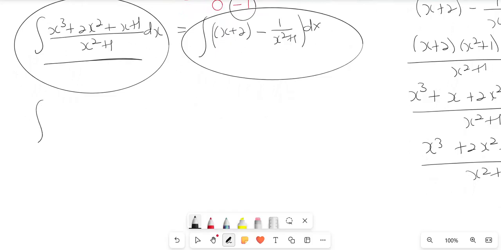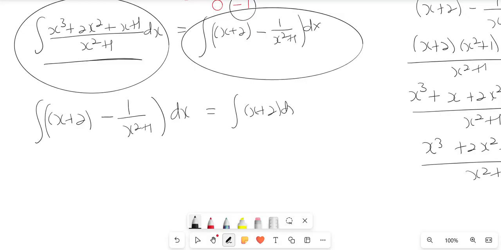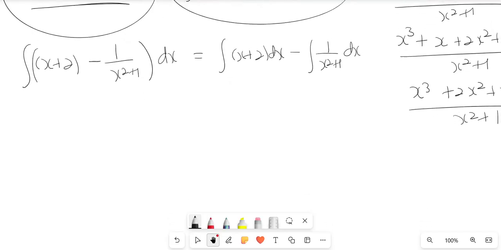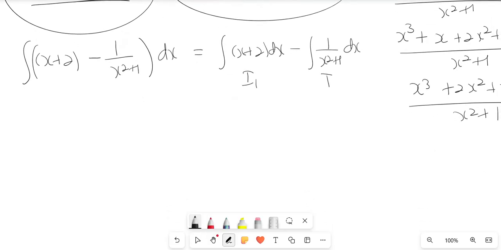So we are now going to integrate x plus 2 minus 1 over x squared plus 1 dx. We can split this into 2, which is the integral of x plus 2 dx minus the integral of 1 over x squared plus 1 dx. Call this one I1 and this one I2.